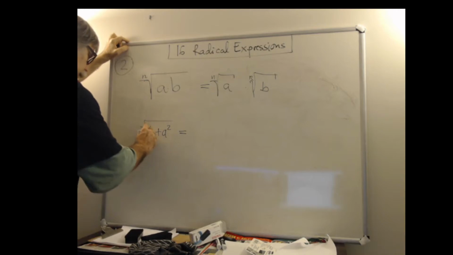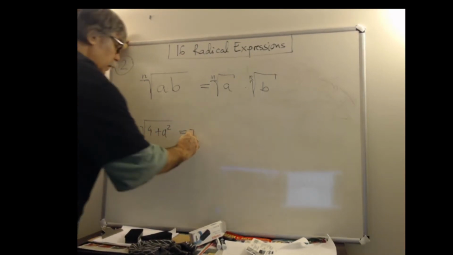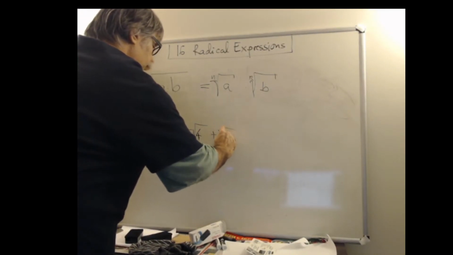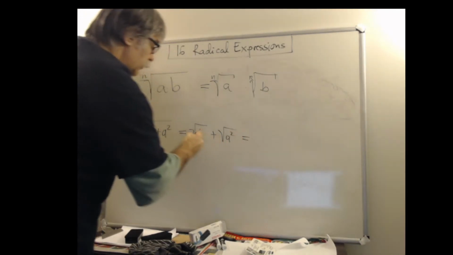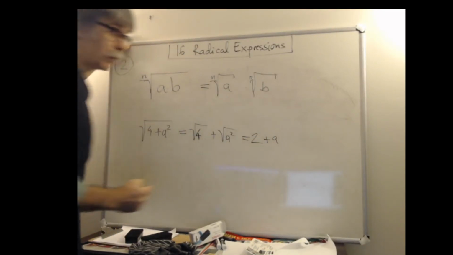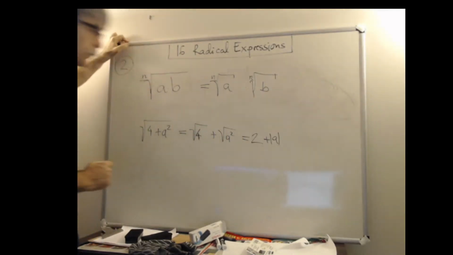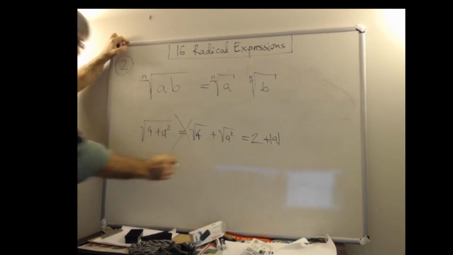So let's put 4 here just for a second. So square root of 4 plus a squared. And then I have, of course, the radical of 4 is 2 and radical of a squared is a. And now I'm going to be real smart. I'm going to put here an absolute value because I know that a could be negative, so make sure that a is not negative. Well, unfortunately, this is an error here.